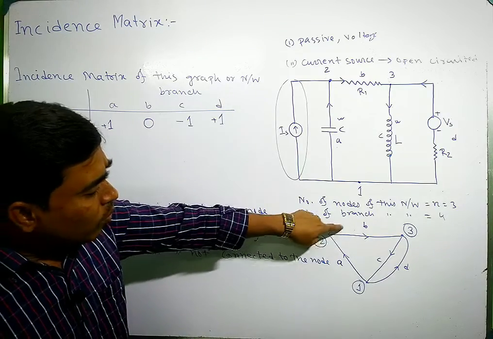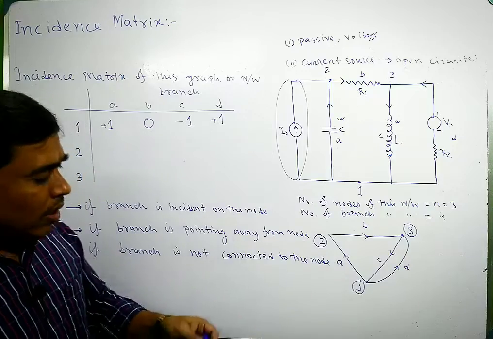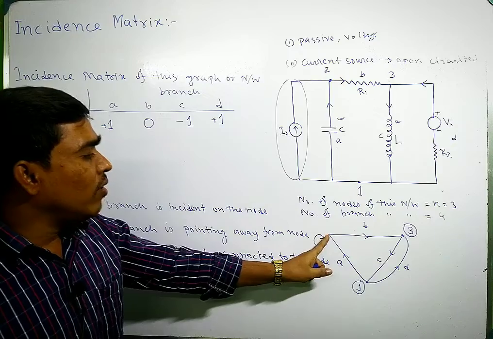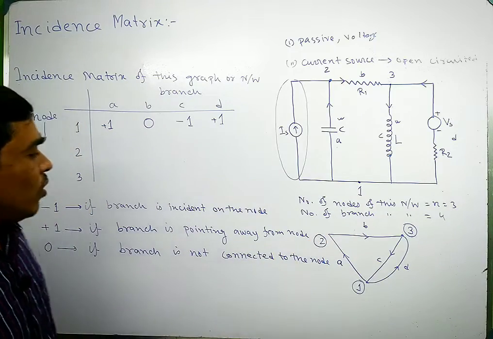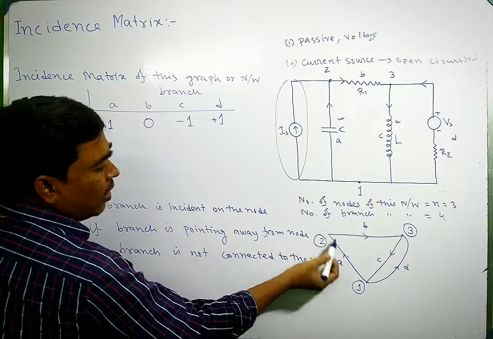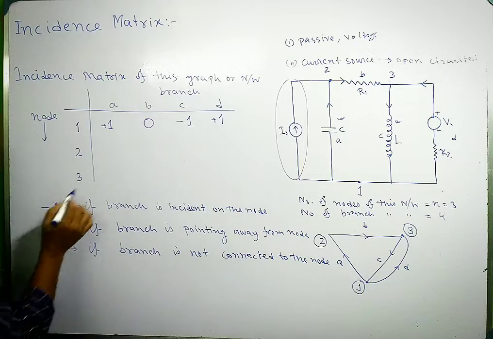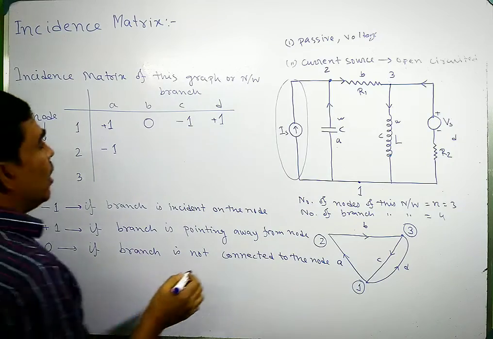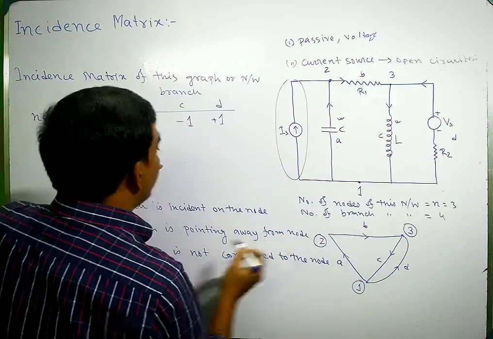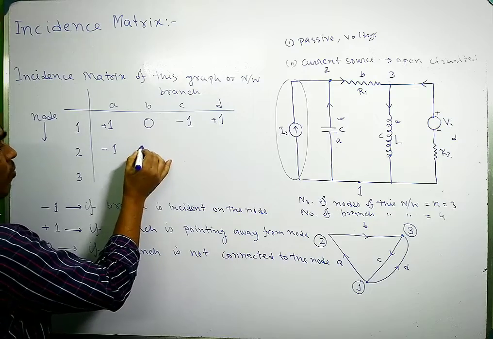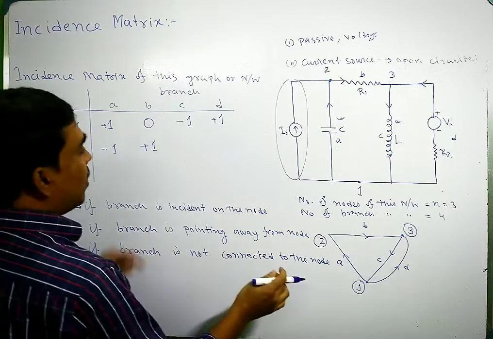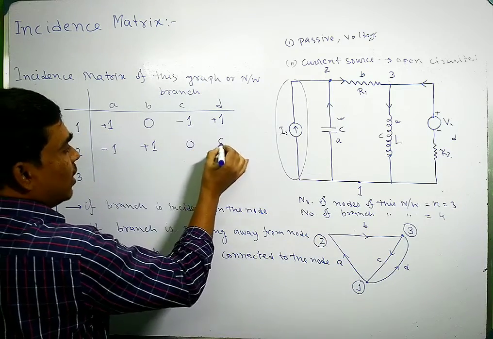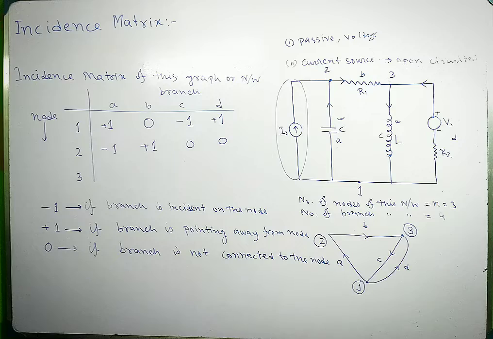There are two branches connecting to this node 2. So A is incident on this node. So if a branch is incident on this node, then it will be minus 1. So in this case it will be minus 1. Now B is away from this node, so it will be plus 1. But C and D are not connected to this node, so that's why it is 0.